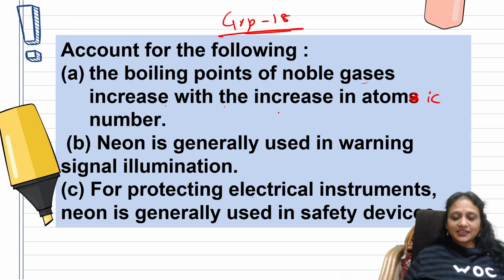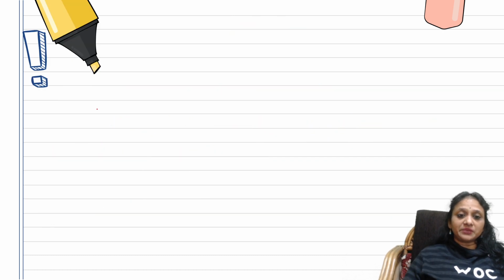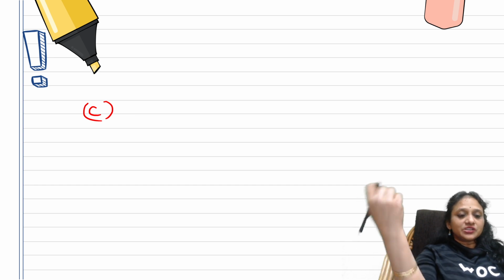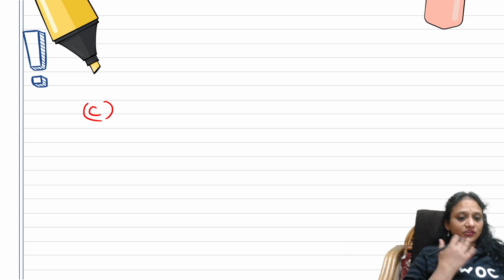Okay, that's the next question. Next, for protecting electrical instruments, neon is generally used in safety devices. So they may give you questions based on the applications also. Why we are using it in the safety instruments is what they are asking you. There's one property of neon, students. It can be used under high current and high pressure.